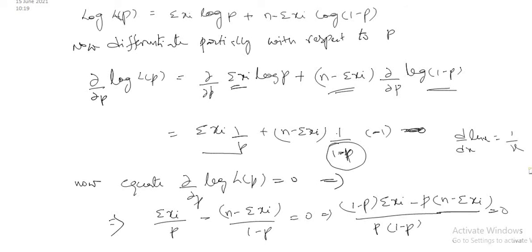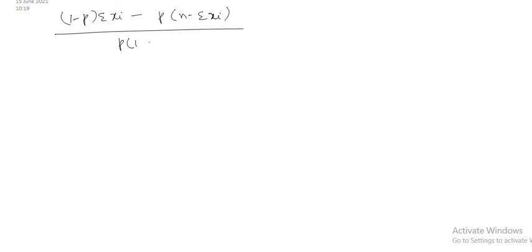Do the simplifications. 1 minus p into summation xi minus p into n minus summation xi, divided by p into 1 minus p, equals 0. That implies, numerator divided by something is 0 only when the numerator becomes 0.